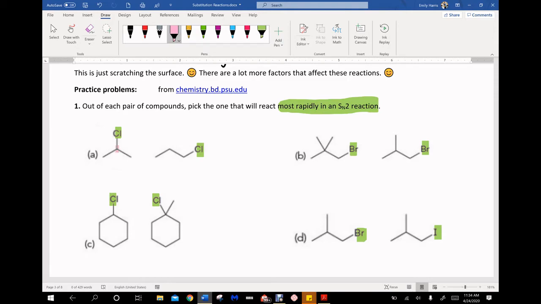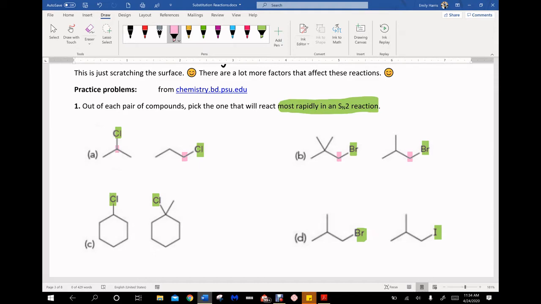So for example, in A, this carbon will be the one that gets attacked by the nucleophile. It'll be this carbon for the next compound. For B, it'll be the carbon attached to your bromine that gets attacked by the nucleophile. And so the question we're wondering is, which of those carbons is least sterically hindered?